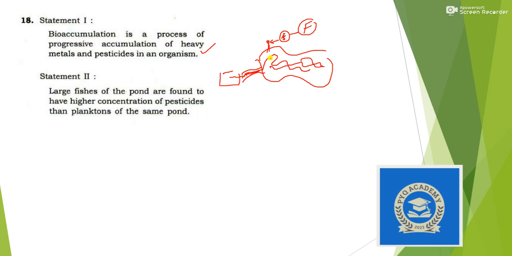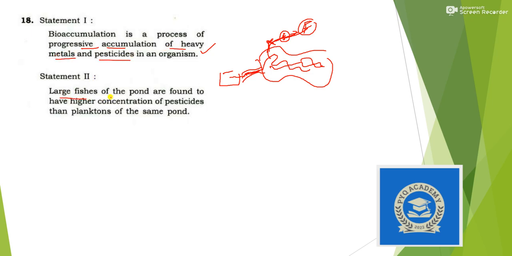So percentage wise there is a progressive increase in pesticide, because pesticides cannot be digested or decomposed, so they remain in the food chain up to the last organism. So this is correct, that bioaccumulation is a process of progressive accumulation, that means progressive increase, of heavy metals and pesticides.